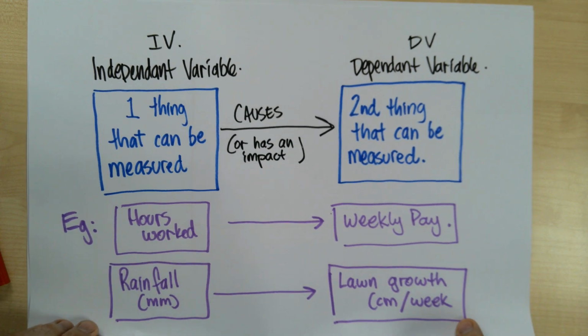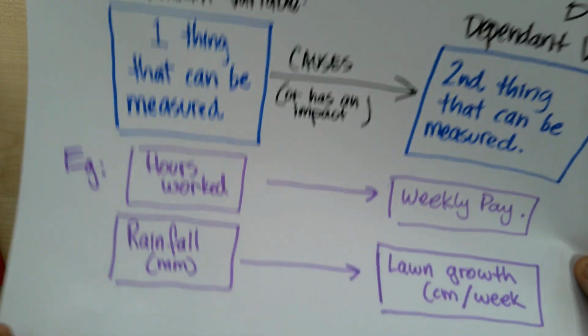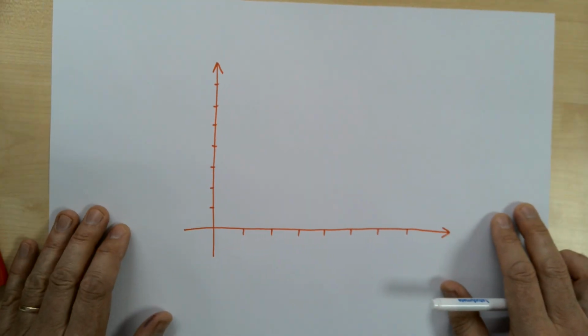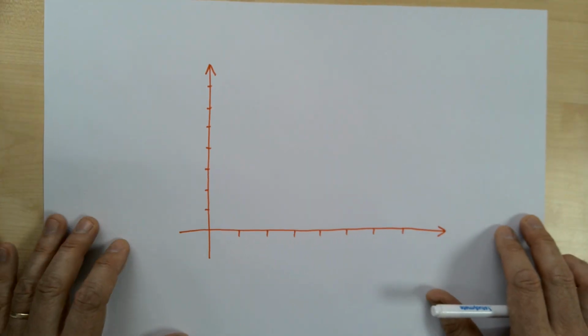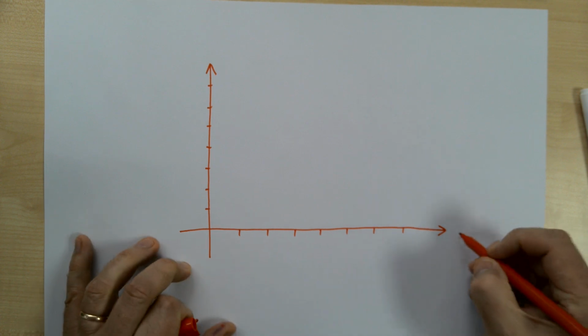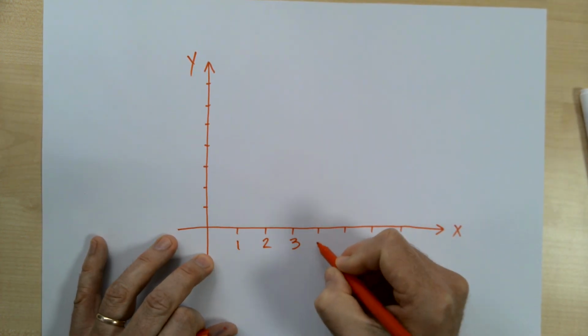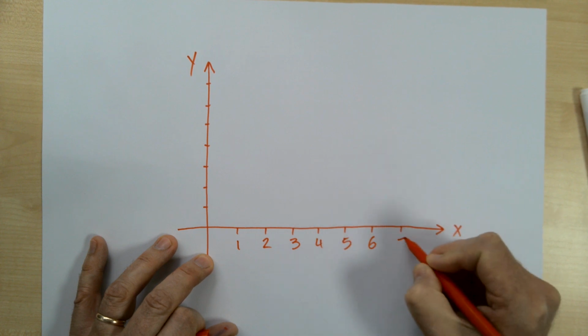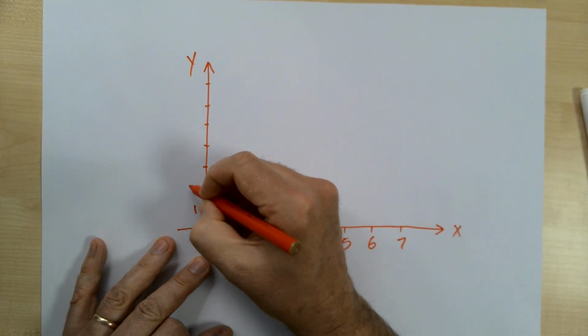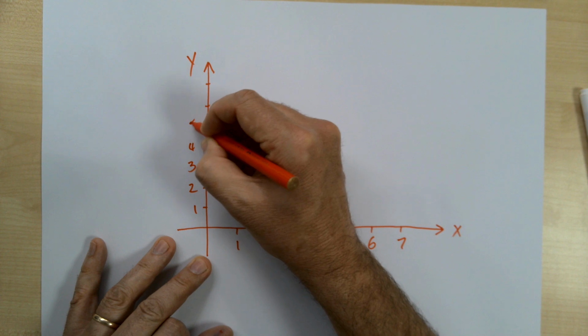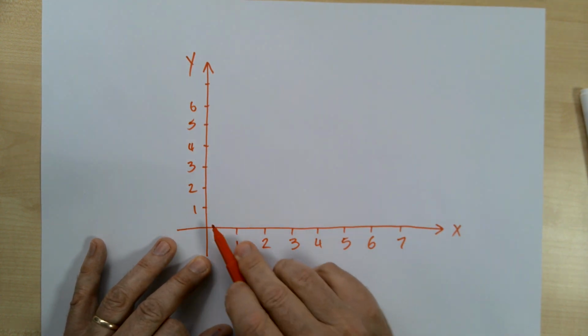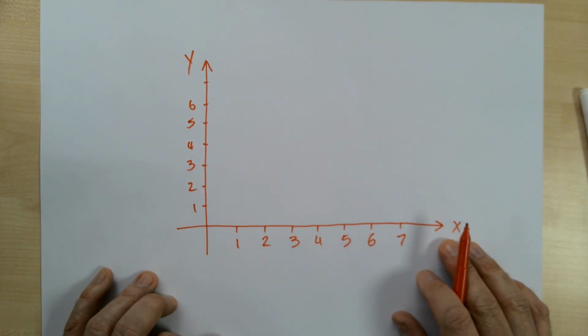Alrighty, so what do we do with that? We can graph these things. We've already had a bit of a play with the Cartesian plane where you had the X and the Y, and there might have been numbers like this. By the way, they don't need to be the same scale, but I've got it there for now.